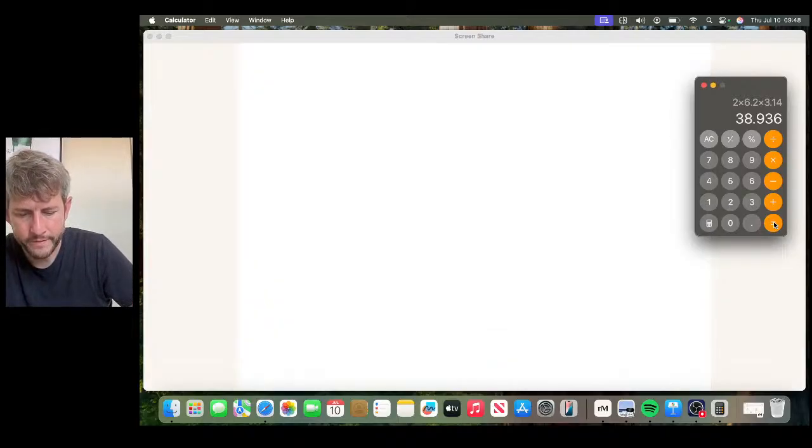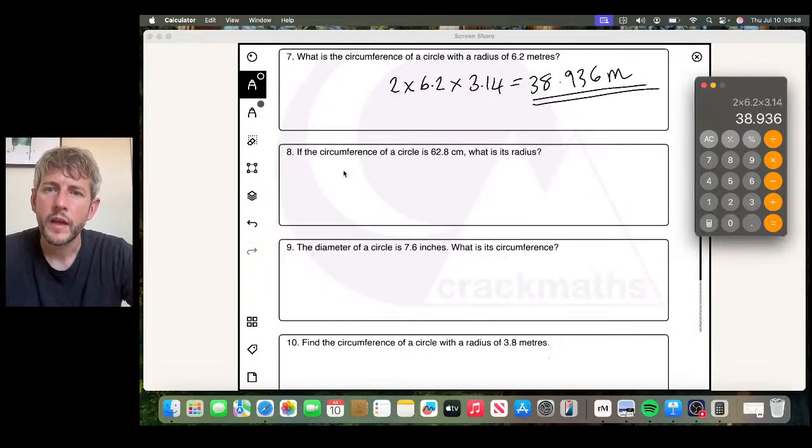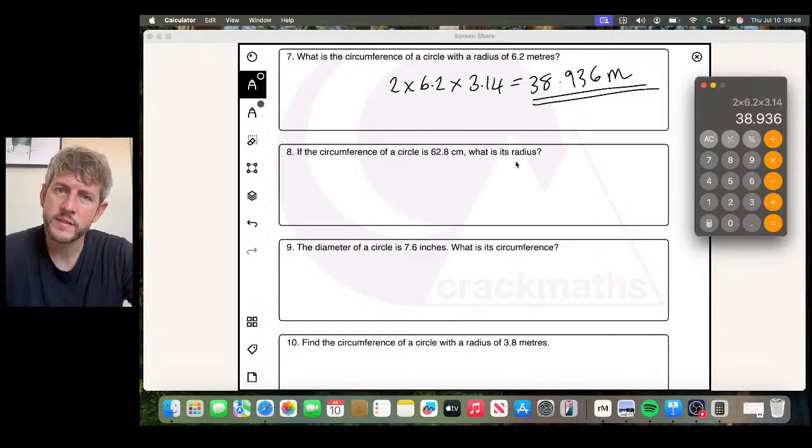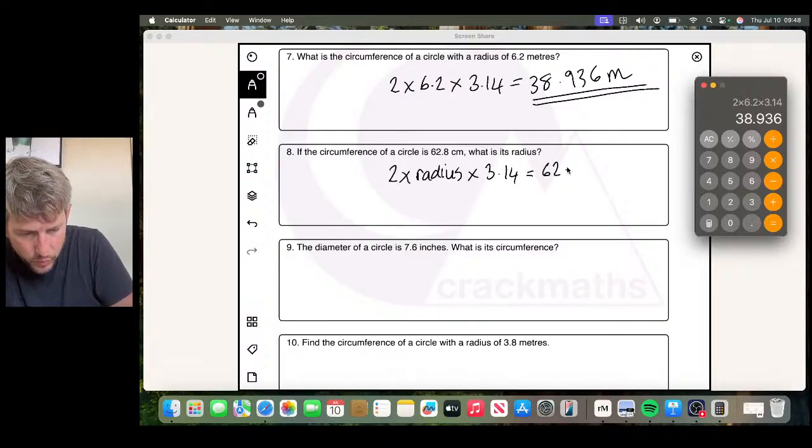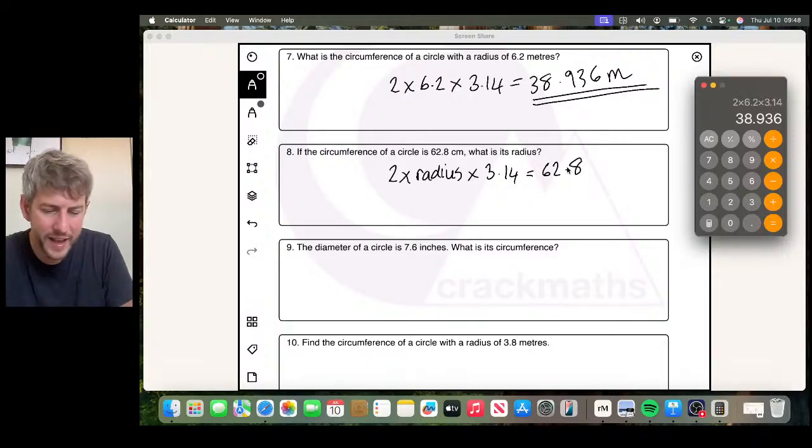Question 8. If the circumference of a circle is 62.8 centimeters, what is the radius? So we've got the circumference in the radius form, so we get 2 times the radius times 3.14 equals 62.8. We could actually just multiply the 3.14 and the 2 together first.